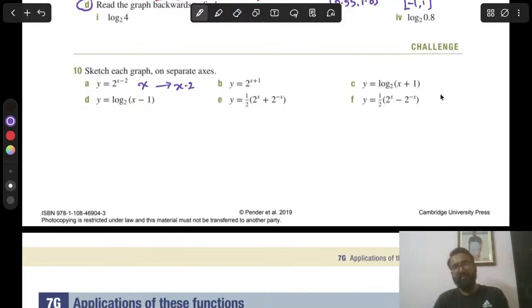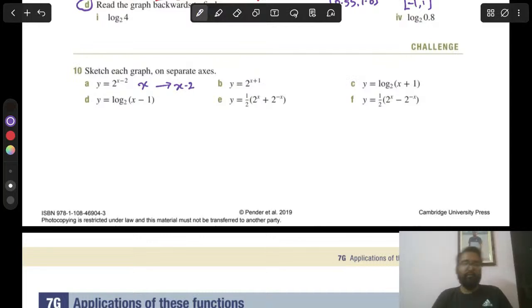When you see, it's a Desmos graphing calculator. One is 2 power x. Another one is 2 power x minus 2.